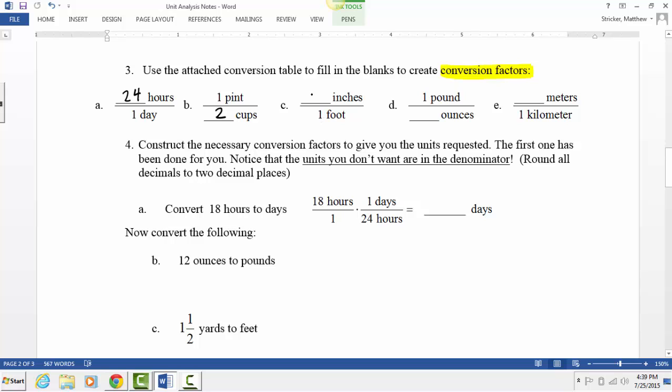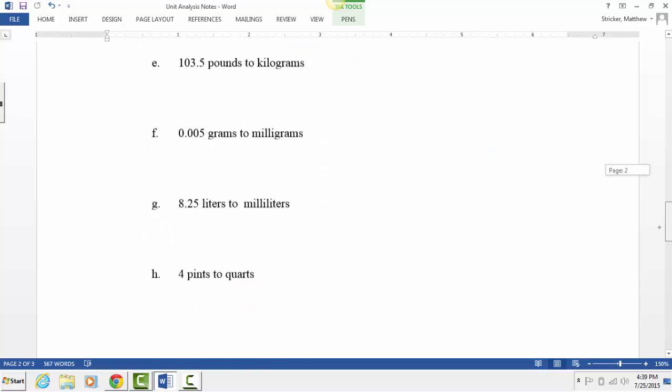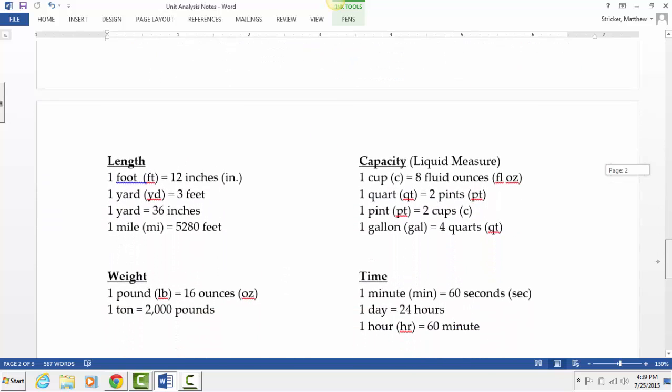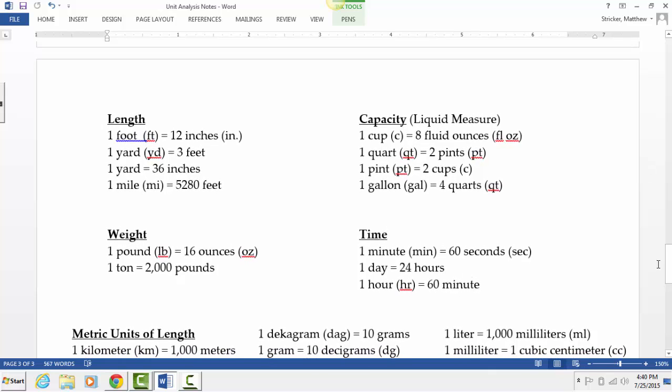1 foot is equal to how many inches? 12 inches. 1 pound equals how many ounces? Well, a lot of these I don't have memorized either, and I don't necessarily expect you to have them memorized. It's something that comes as you do more and more problems.